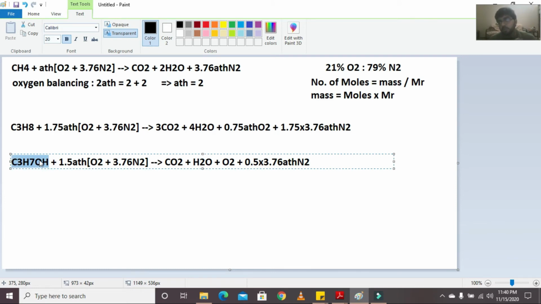This oxygen is also going to be utilized in the combustion. Therefore I cannot simply balance these combustion products which have oxygen in them. So instead of just writing 3 moles of CO2 and 4 moles of H2O, I will write the moles in the form of a variable.